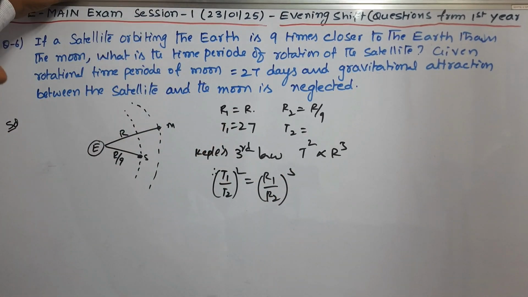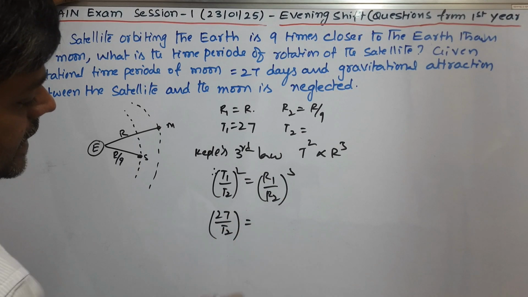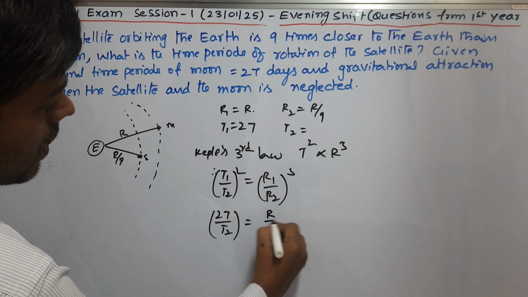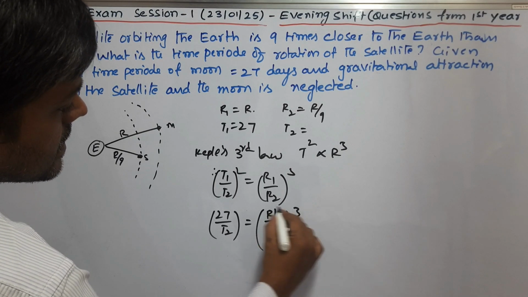T1 is given as 27, T2 is required. 27 by T2 is equal to R by 9, this R is cancelled, this is 2.